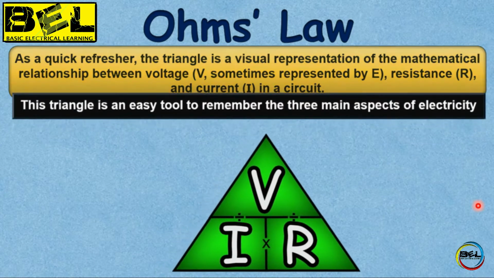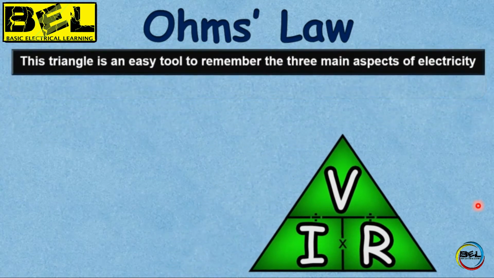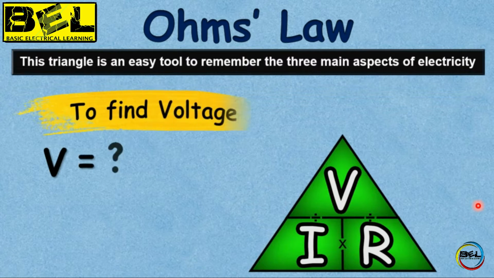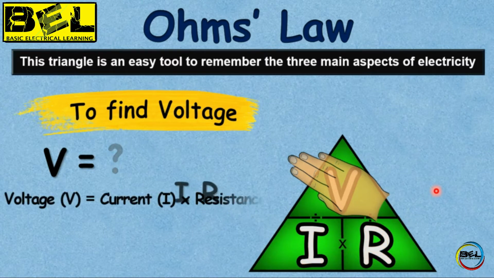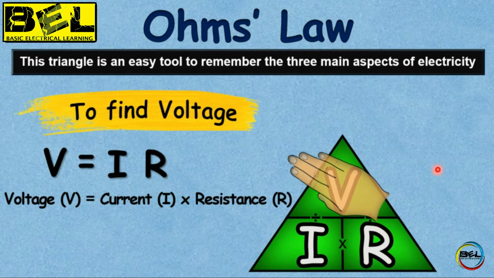Let's see. To find out the voltage, you have to cover the V with the hand, and the remaining equation is I multiplied by R. So your equation will be V is equal to IR. That is a quick remember tool for Ohm's law.